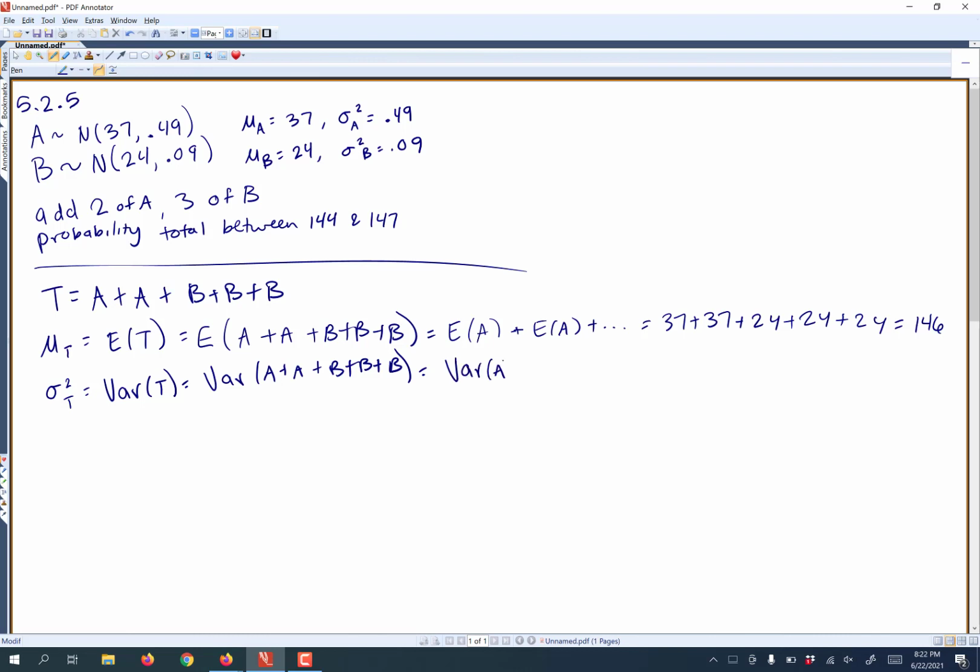So it'll be the variance of A plus the variance of A plus the variance of B, etc. Notice we were already given variance, not standard deviation, so I just have to do 0.49 plus 0.49 plus 0.09 plus 0.09 plus 0.09, which gives me 1.25.